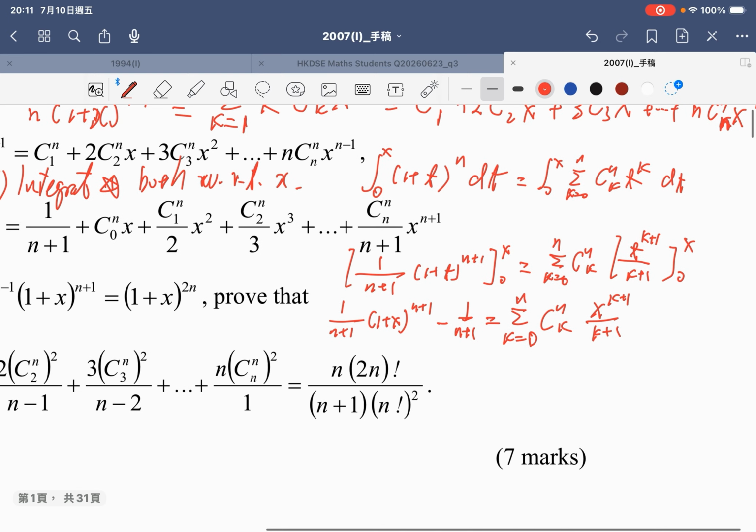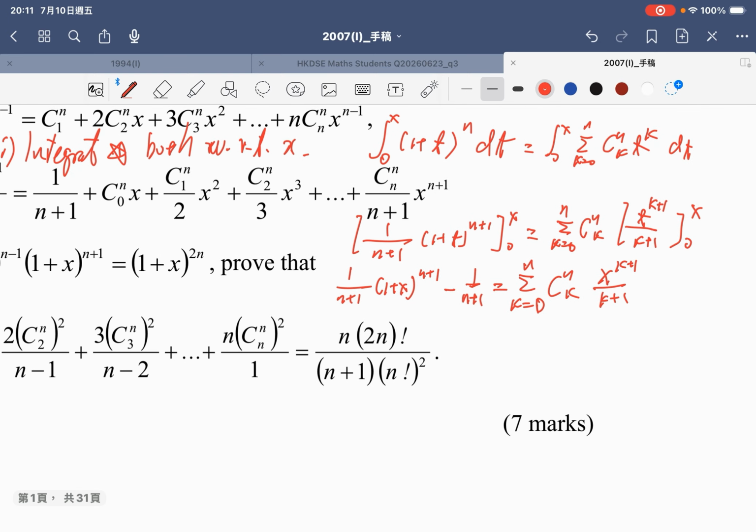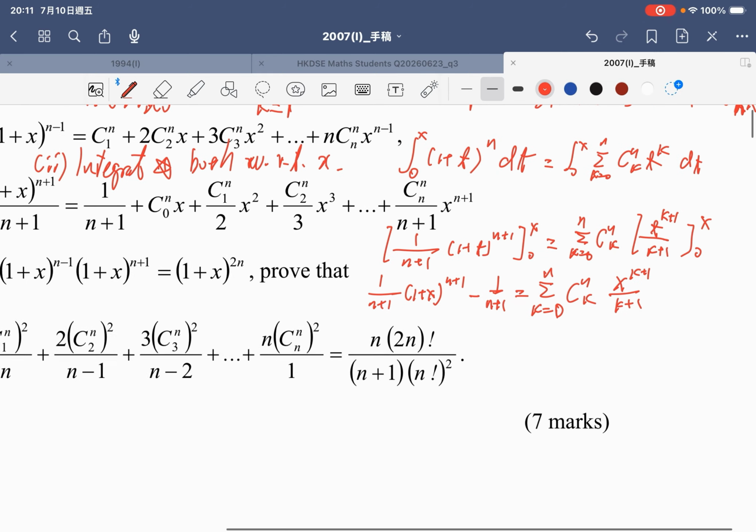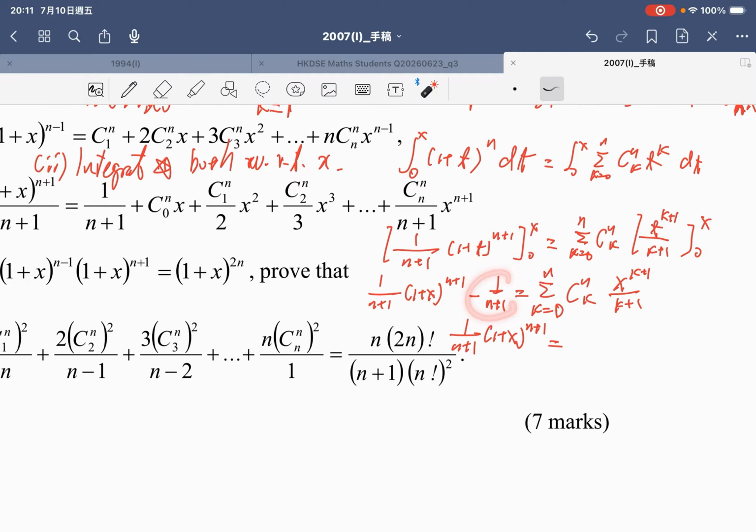And you can see that when we expand these terms term by term, we get the identity in part A2. Move the term minus 1 over n plus 1 to the right hand side.